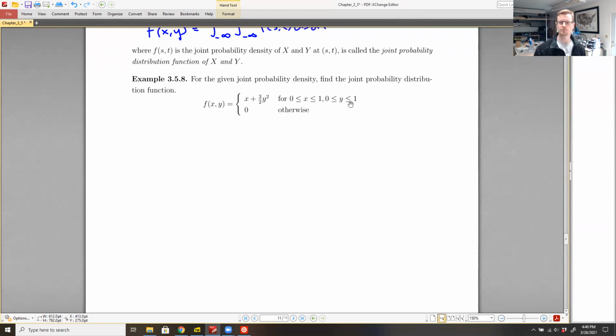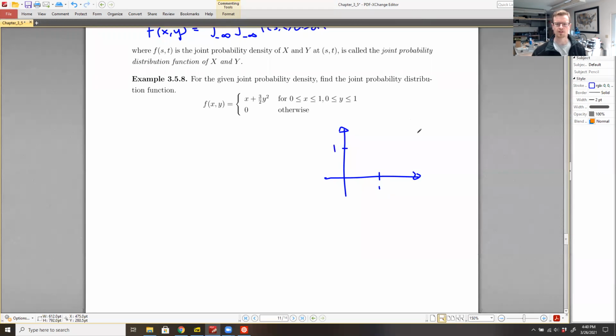So I'm going to first take a look at the coordinate system here, and I want to observe where 1 is and where 1 is. So there's 5 cases that we'll end up with. If either x is less than 0 or y is less than 0, then of course we're ending up where it's 0.